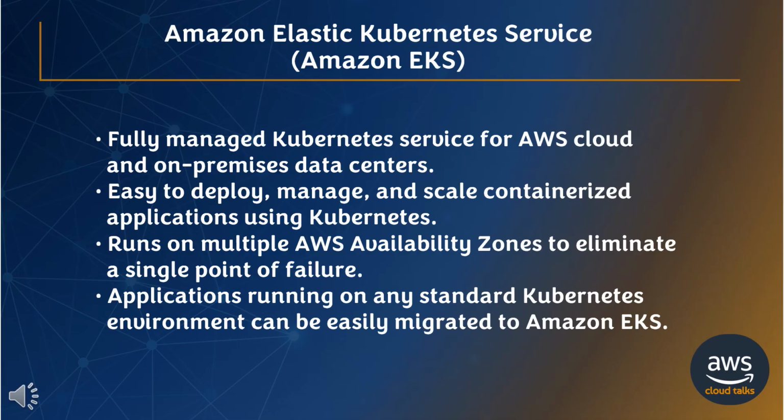Amazon Elastic Kubernetes Service, Amazon EKS, is a fully managed Kubernetes service to run Kubernetes in the AWS cloud and on-premises data centers. Amazon EKS makes it easy to deploy, manage, and scale containerized applications using Kubernetes.